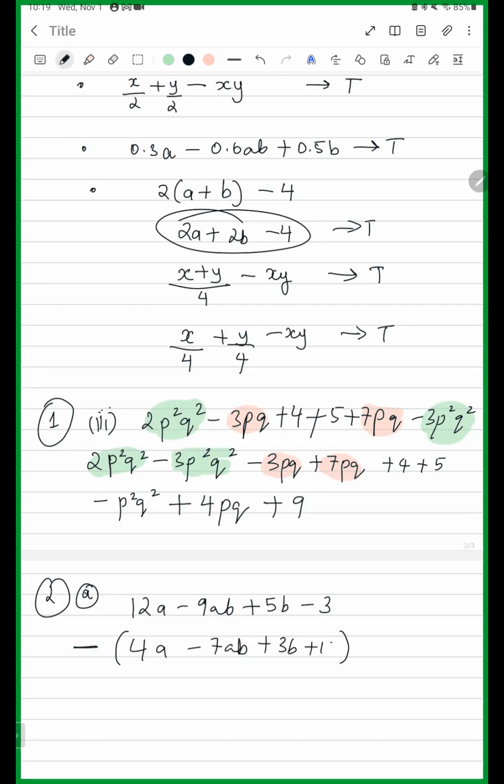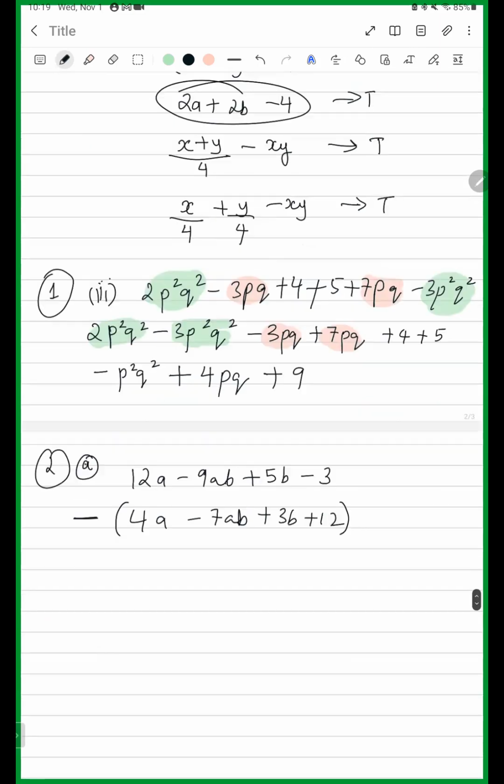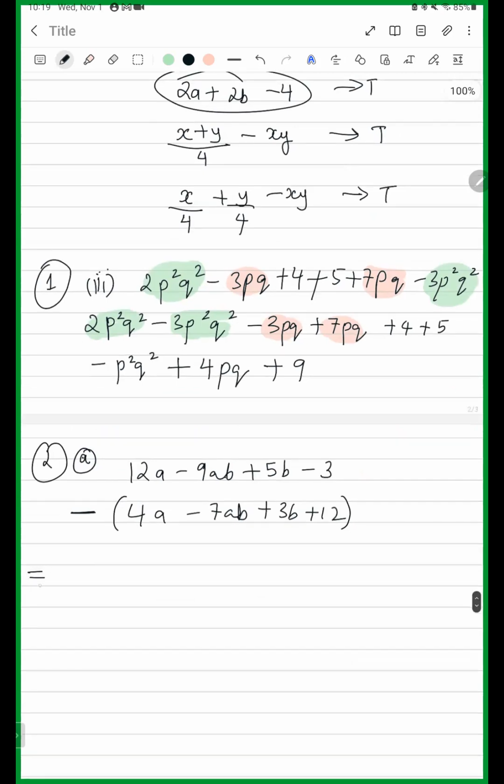When you open the bracket and bring the like terms together, the signs will change inside the bracket, because of the minus. Very good. Then we write 12a minus 4a. We will first write this minus this entire thing, but I'm skipping that step and doing it directly. So I'm writing 12a minus 4a plus 7ab.